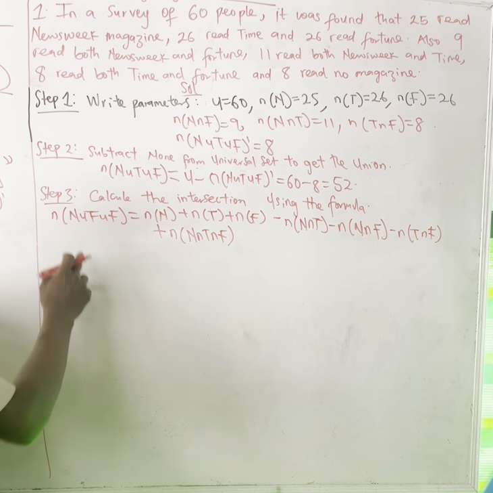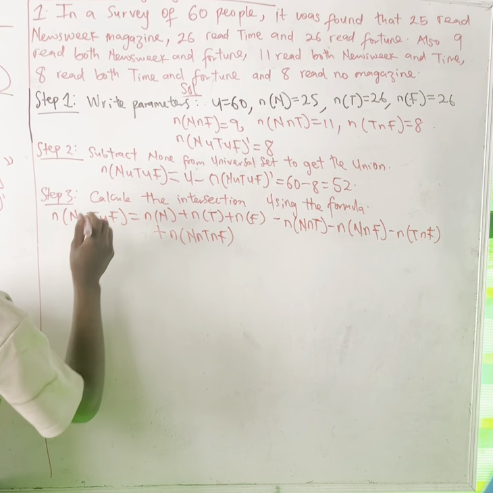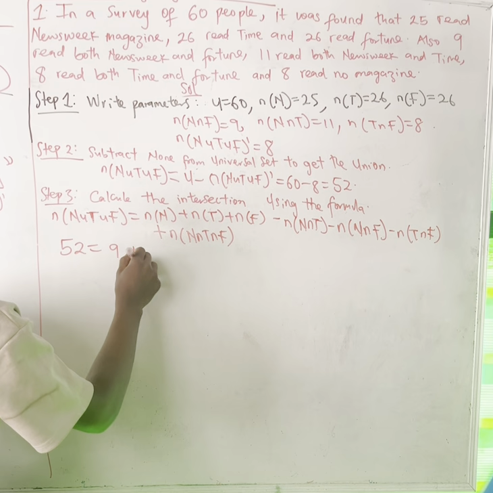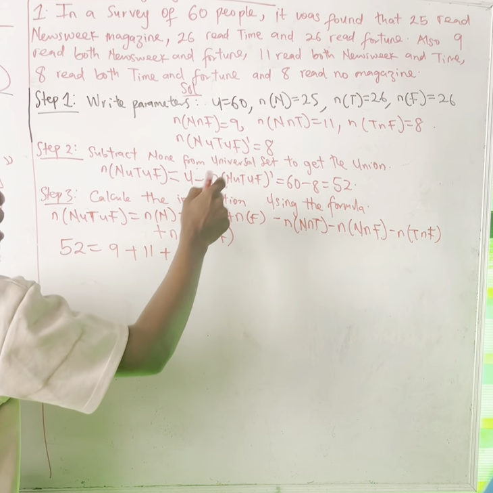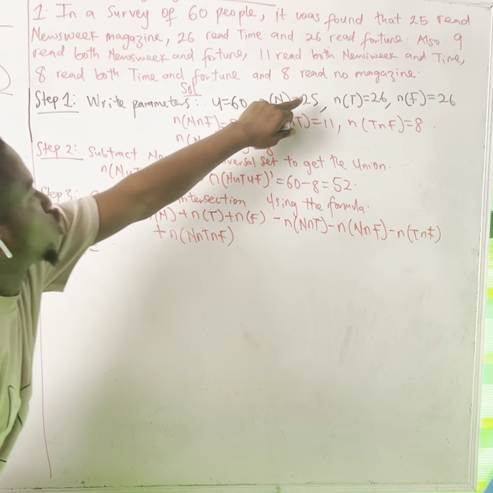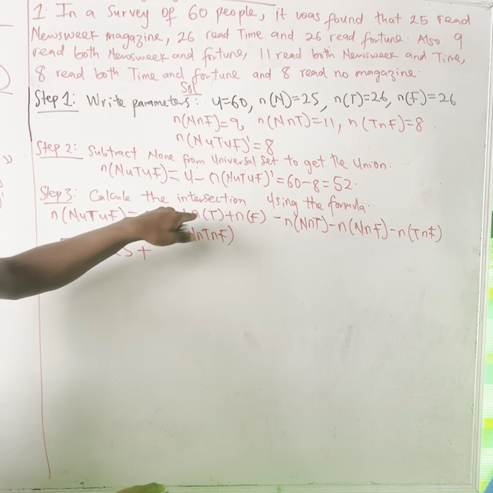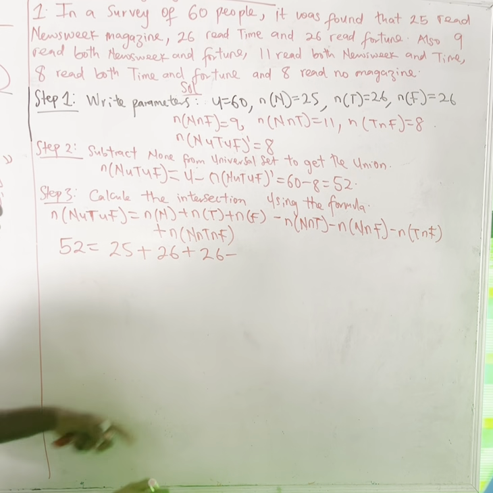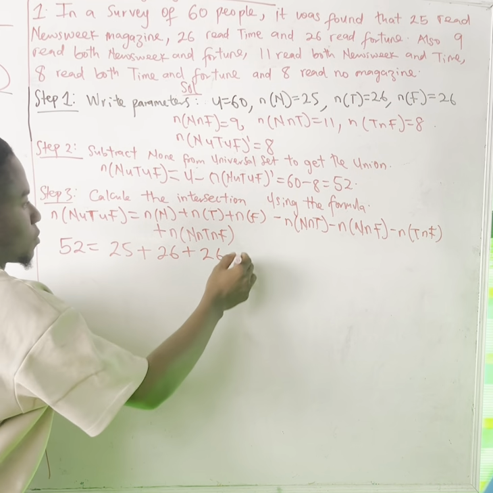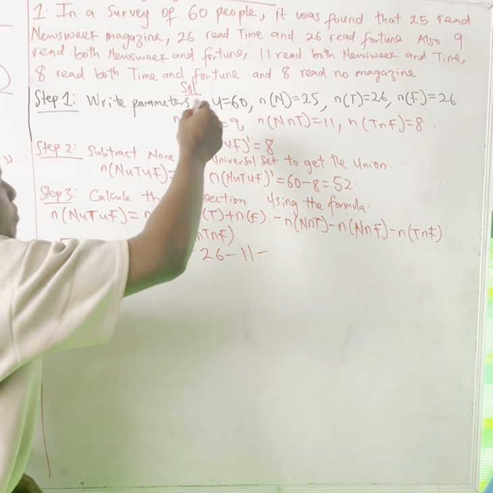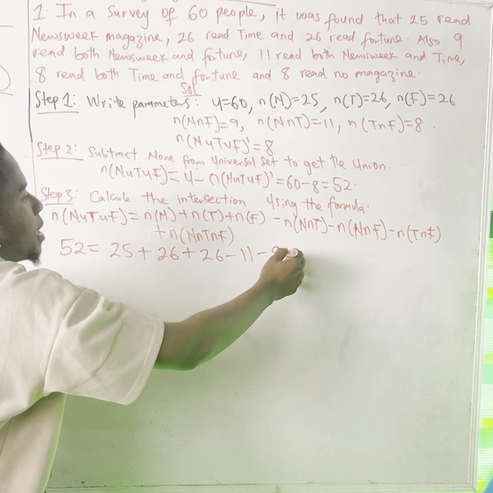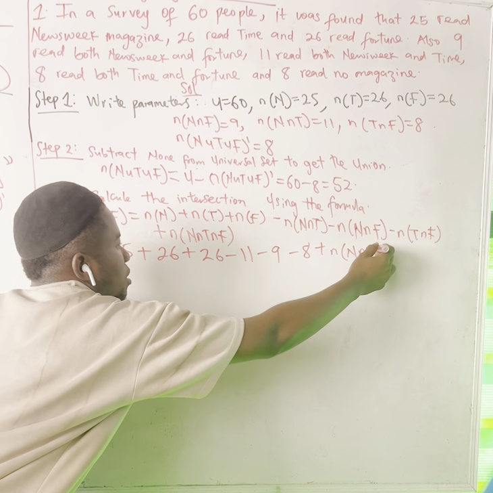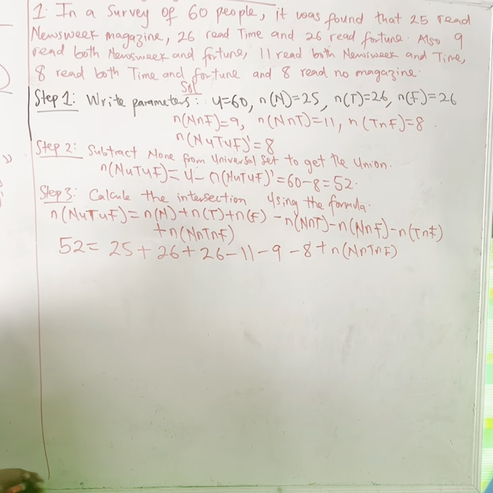So we are going to substitute the parameters. Don't forget that the union is 52. So 52 equals n of N, that is 25, plus n of T, that is 26, plus n of F, that is also 26, minus N intersection T, that is 11, minus N intersection F, that is 9, minus T intersection F, that is 8, plus N intersection T intersection F. So I'm going to add all this together.